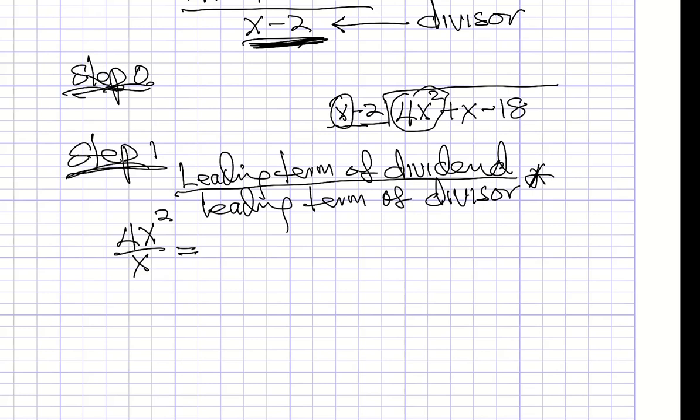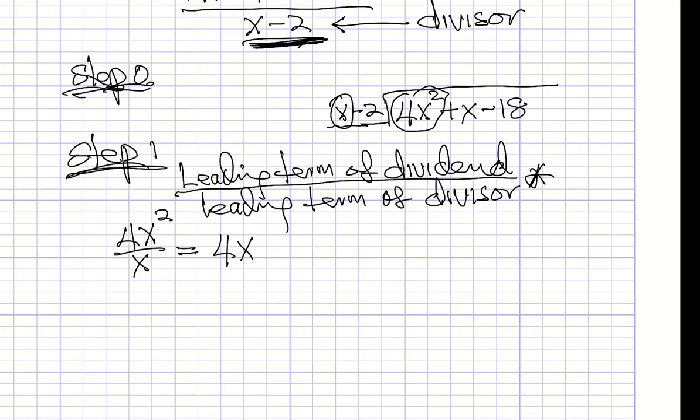This is the same thing we just did in part 1. So if you work that out, you get 4x. Remember, whatever you learned in part 1, we're gonna apply it here.